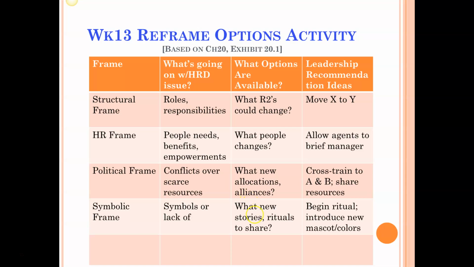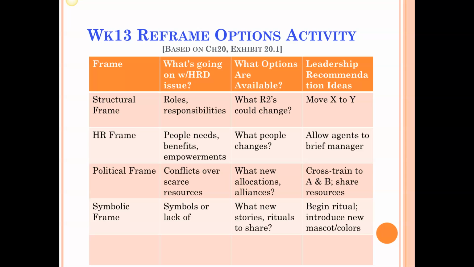So what are the options that are available? What new stories? Who were the founders? Who were the people who historically really brought forth our organization and made the organization come alive? And how can we really hallmark those stories?